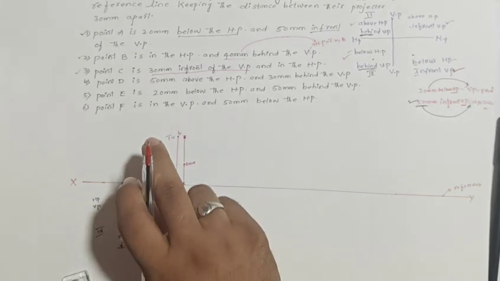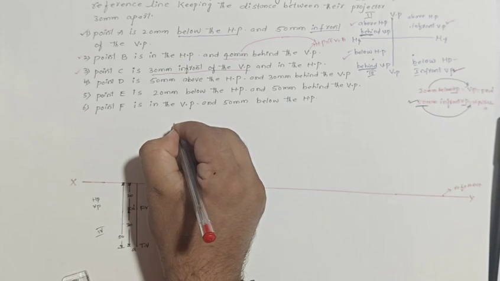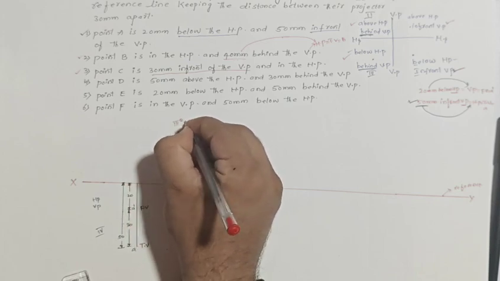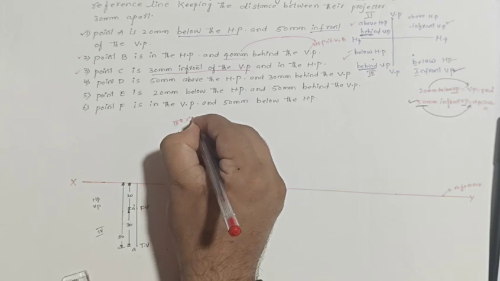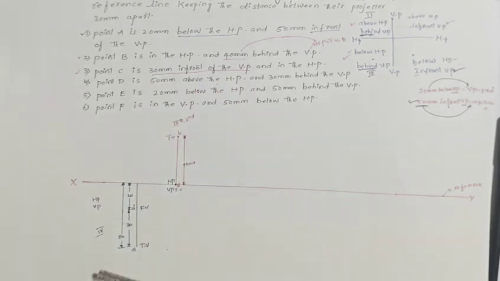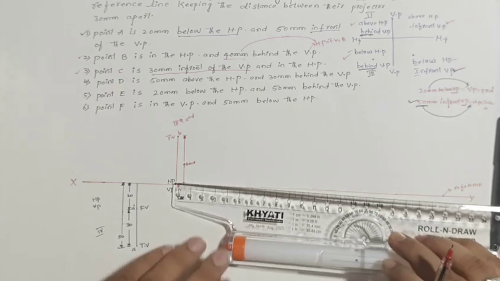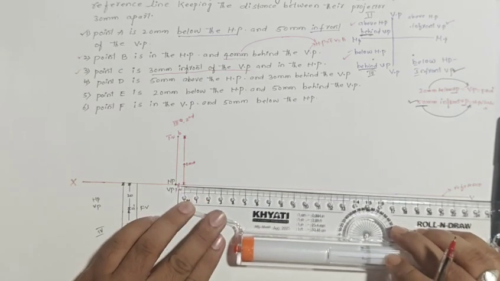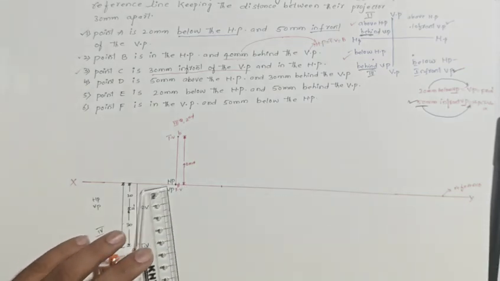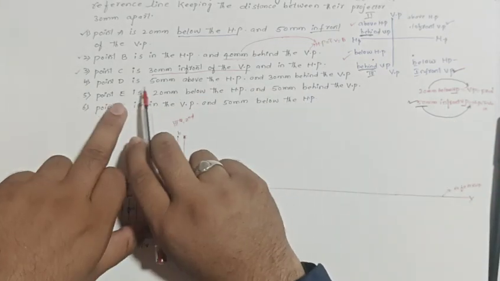What about this one? This question is based on the third quadrant, or you can solve by the second quadrant. Clear? Come to this one. We have to measure a length of 30 mm.